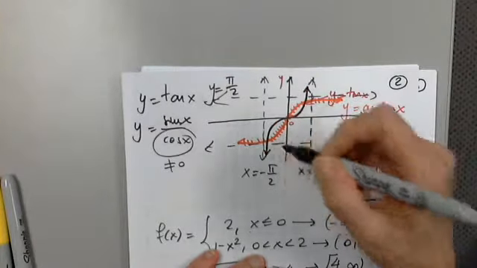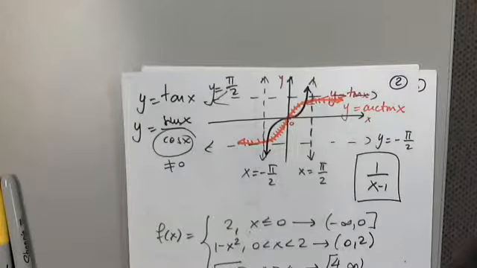And I ask you, what is the limit of tangent x as x approaches pi over 2 from the left? Positive infinity. Awesome. What will you say the limit of tangent x as x approaches negative pi over 2 from the right?